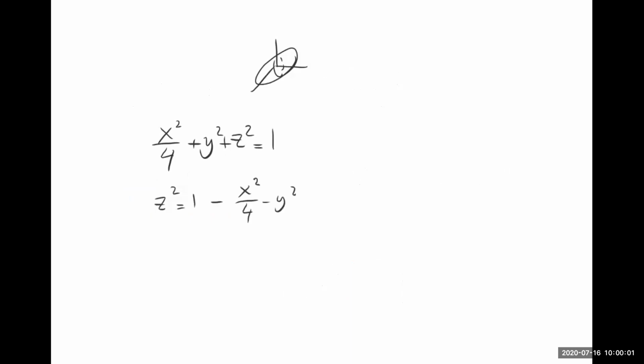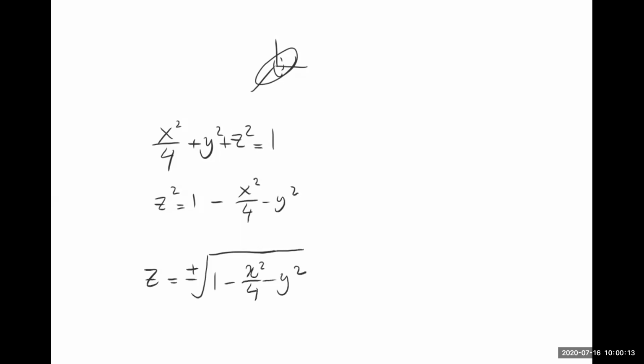So x squared over 4 plus y squared plus z squared equals 1 would give us something like this. Okay, so z squared would be 1 minus x squared over 4 minus y squared. If we take the square root of both sides, z would be plus or minus the square root of 1 minus x squared over 4 minus y squared.